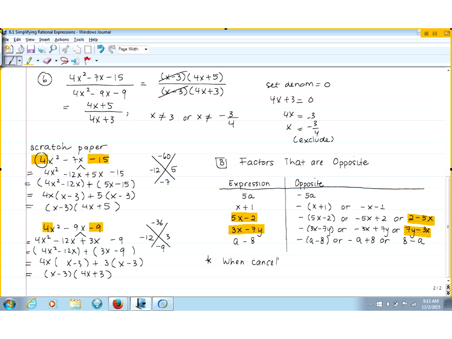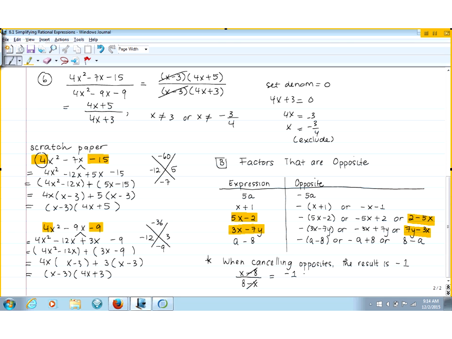When canceling opposites, the result is -1. So what do I mean by that? I mean that if I have x minus 8 divided by 8 minus x, when I cancel this, this is equal to -1. Why?